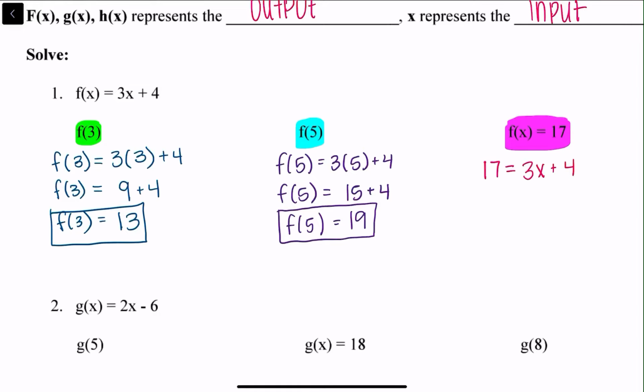And I'll use my mathematical process to simplify it down and solve for x. My first step is to subtract 4 from both sides, and that gives me 13 equals 3x. Then I'll divide by 3 and get 13 thirds equals x.